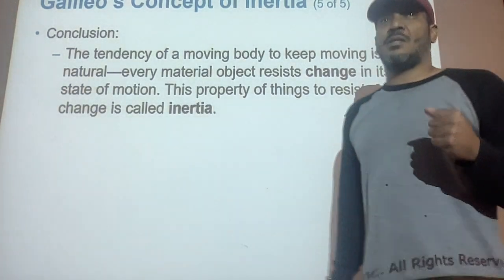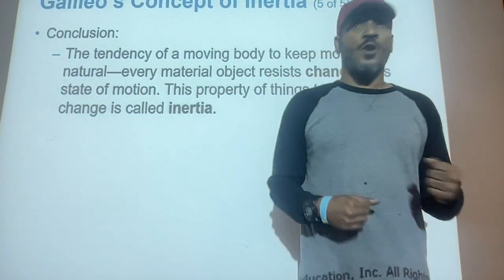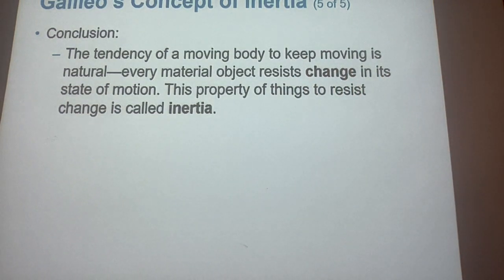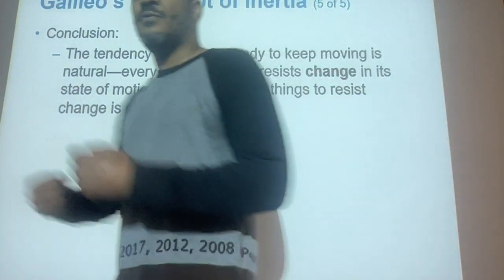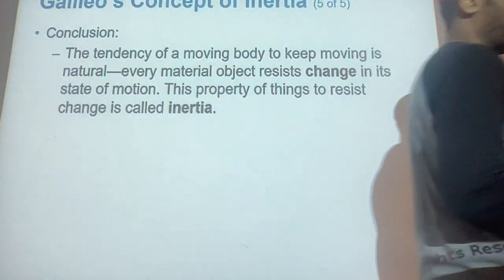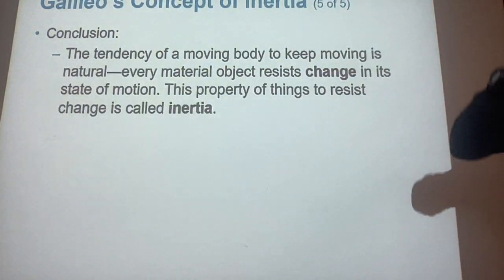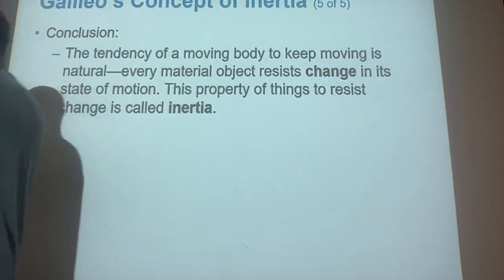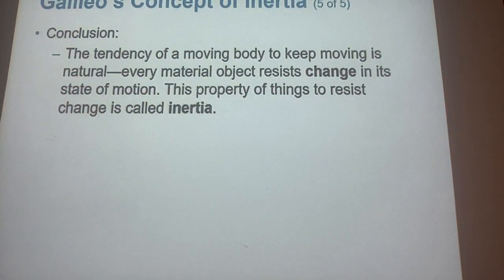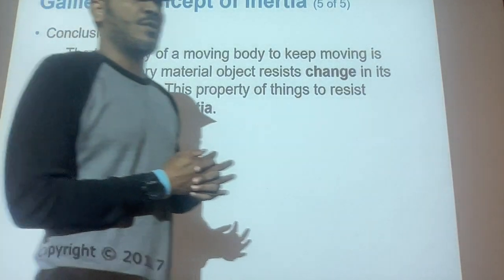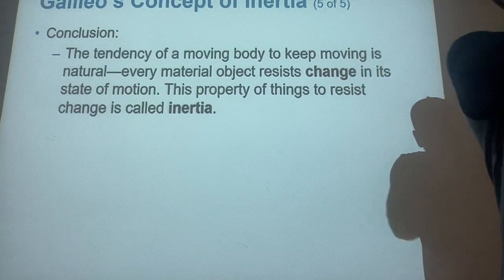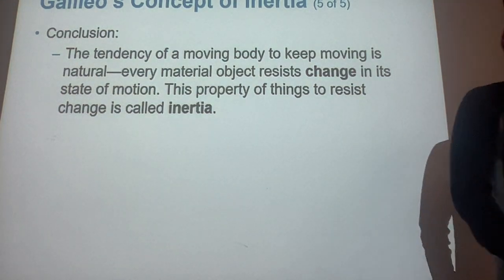Inertia is the force that keeps you moving in a car accident if you don't have your seatbelt on. You run into another car or object, and you don't have a seatbelt on. Inertia is what's going to keep your body moving straight through the windshield.